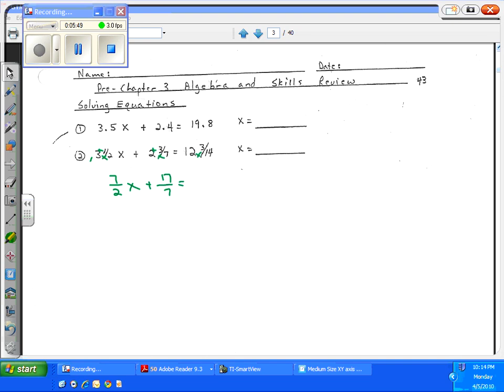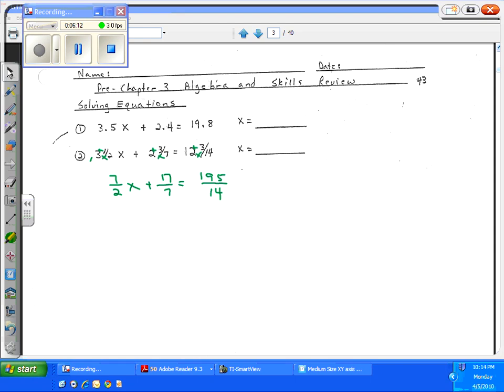And then 12 times 14 is 144 plus 48, which is 192, plus 3 is 195/14. We double check that.